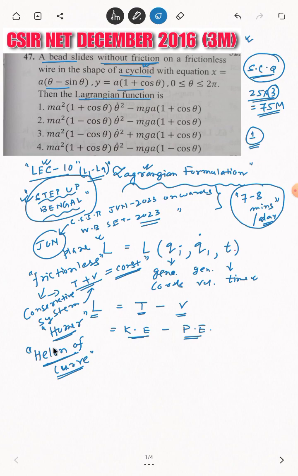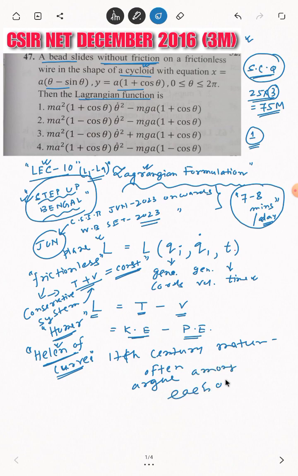People quarreled among each other over Helen. So this particular curve, the cycloid, is called the Helen of curves. As in the 17th century, mathematicians often argued among each other on this curve. নিজেদের মধ্যে তর্ক করত.